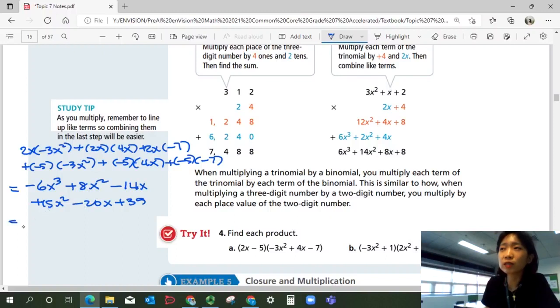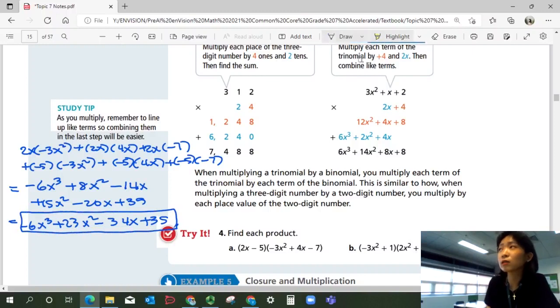So 8 plus 15, you get 23x squared, and then minus 34x plus 35 would be your answer. All right, what about part B?